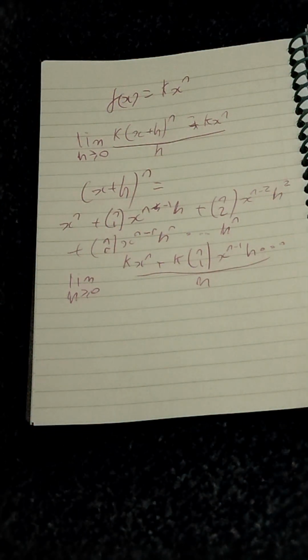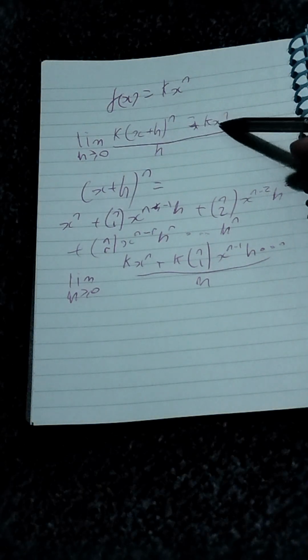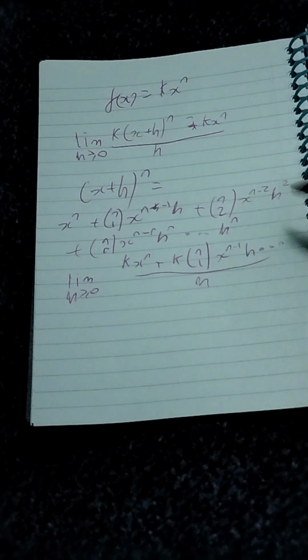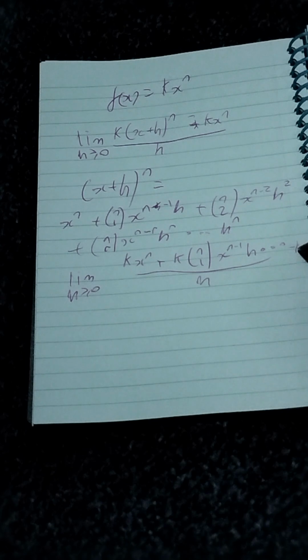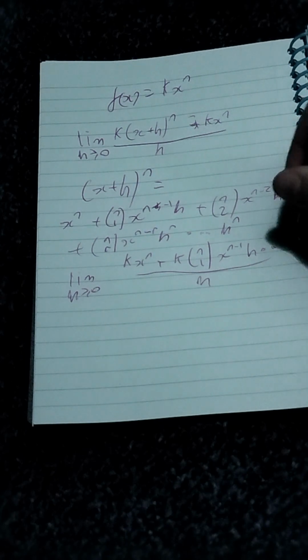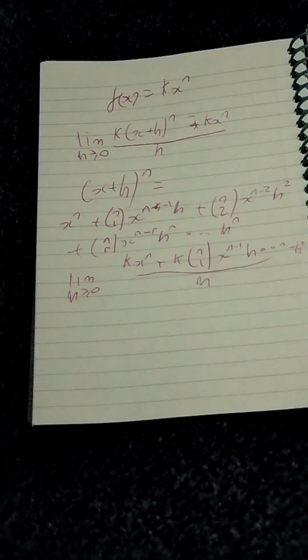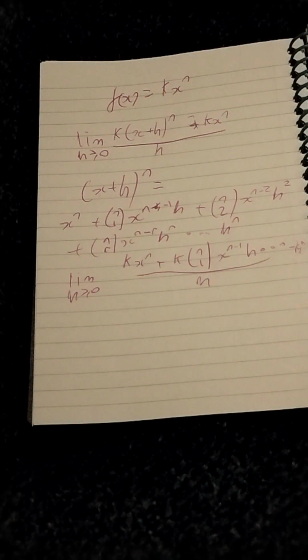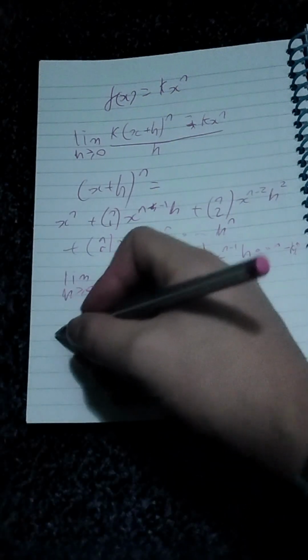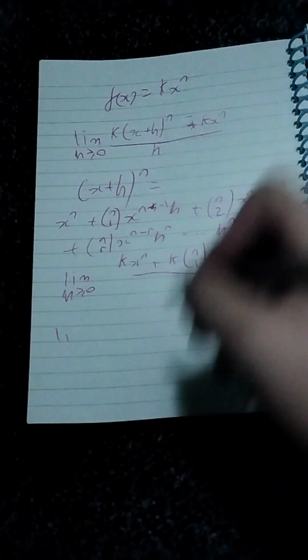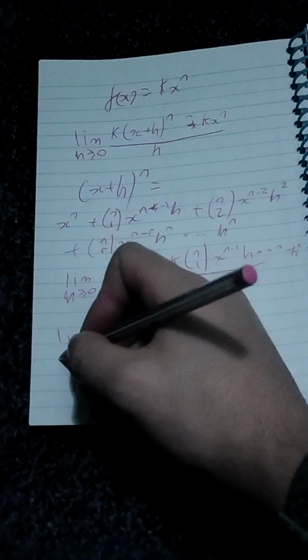Now, we are subtracting, so minus kx to the n. I do not have room, just imagine that's neat. Right, so we know those will cancel.